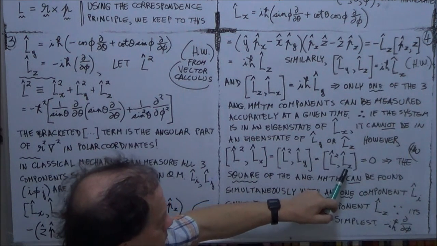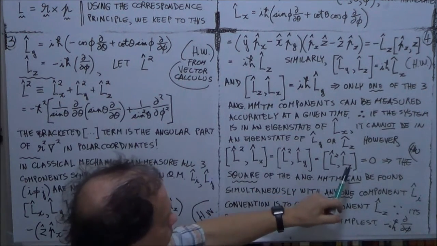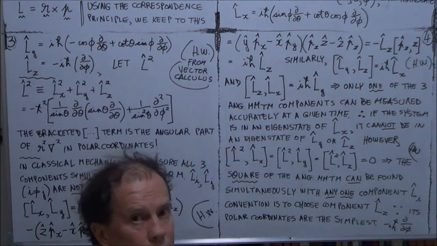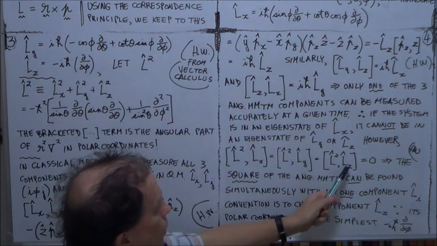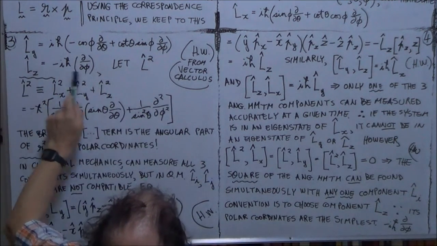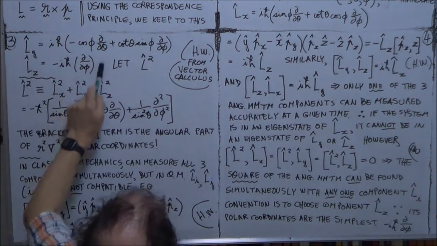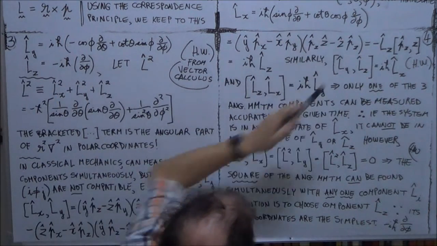So by choosing this operator, now we only choose one of these three component operators. So let's choose the z component because its operator here has a particularly simple form. The others are more complicated. Ly and Lx, they're more involved.